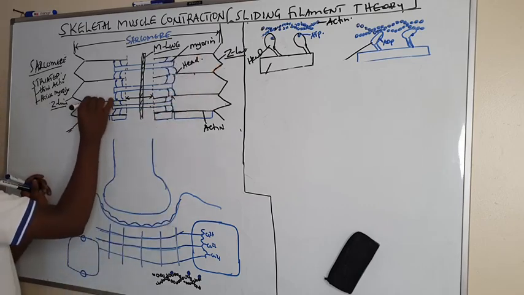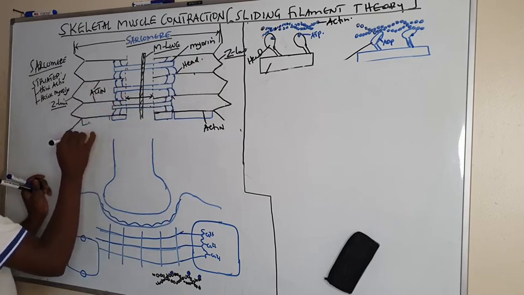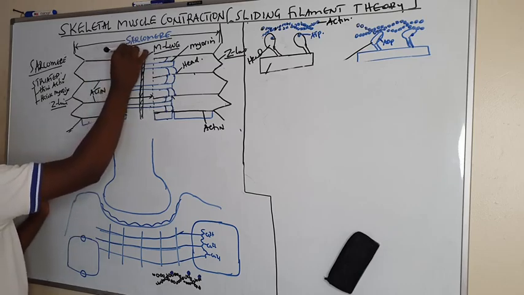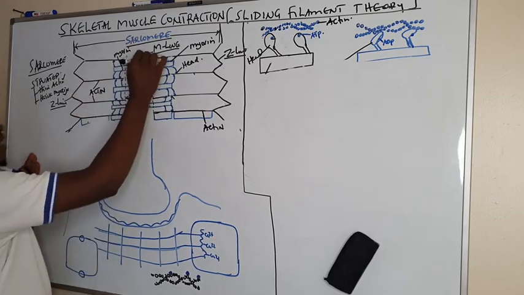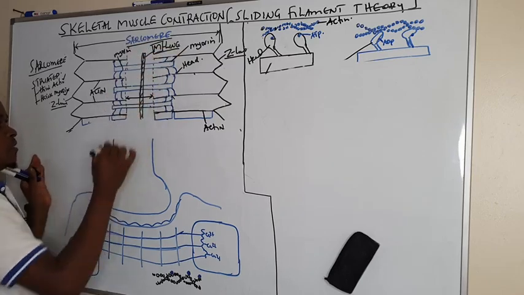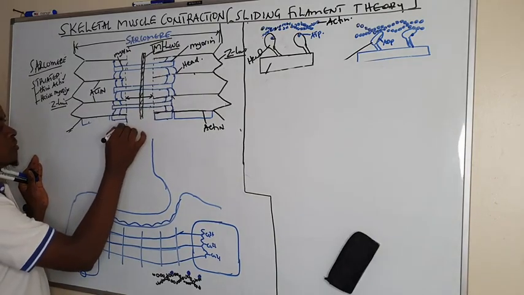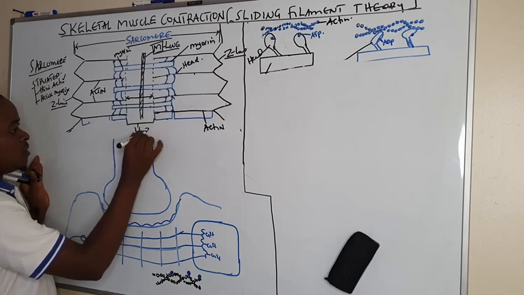Still, this is thin actin, then this is myosin, which is thick. And the center line is what we know as the M line. And the zone in between, we refer to as the H zone.